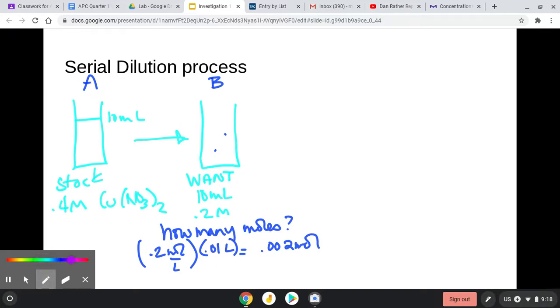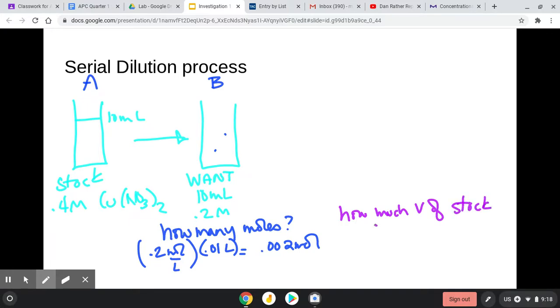Okay, so the next question we need to be asking ourselves is, how much volume of the stock contains this amount of moles? I know I want 0.002 moles. So what volume of the stock contains this, so that I can take that volume of the stock, transfer it into my new container, and then dilute to the top with water.